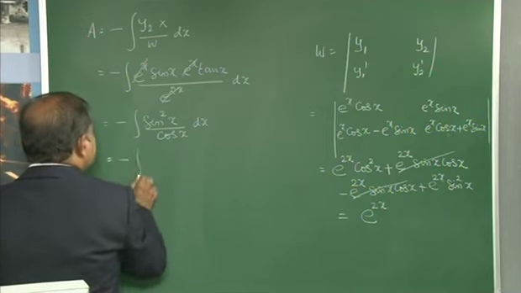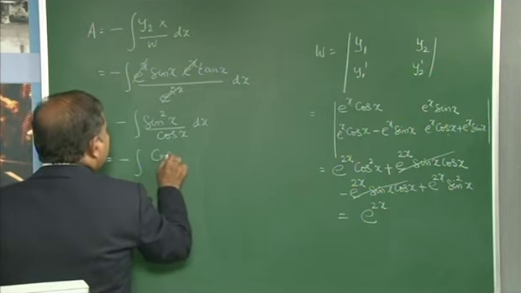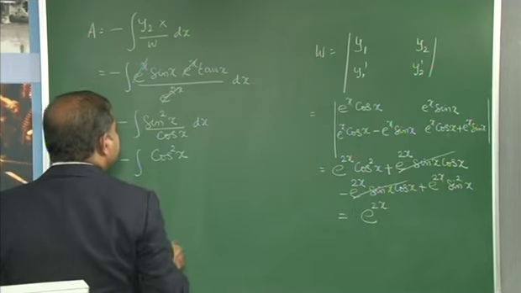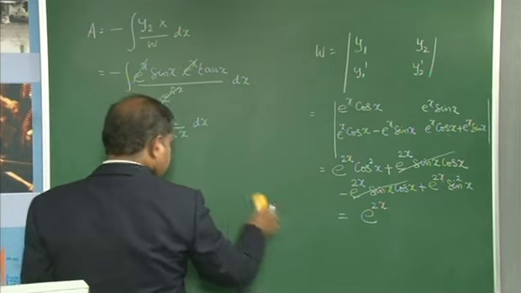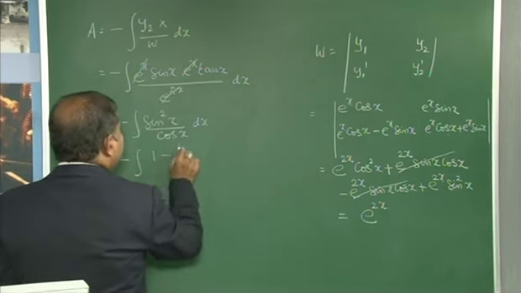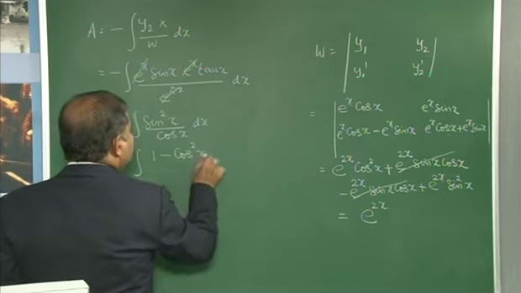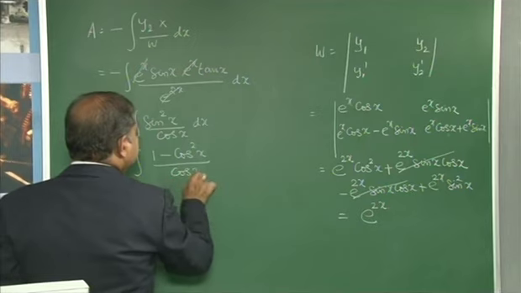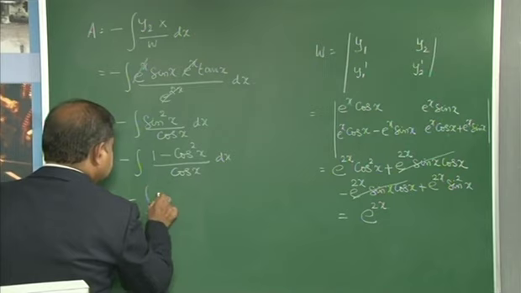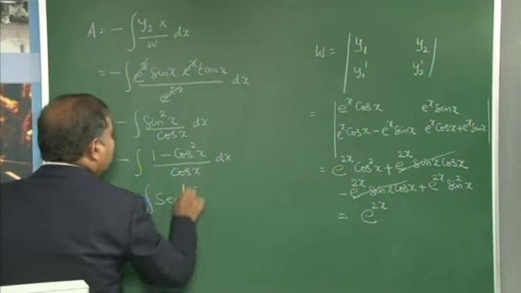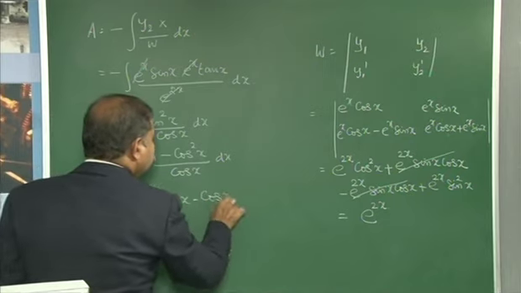These things we have already seen in a lot of problems. Sin² x is 1 minus cos² x, so minus integral (1 - cos² x) by cos x dx. So 1 by cos x, which is secant x, minus only cos x dx.